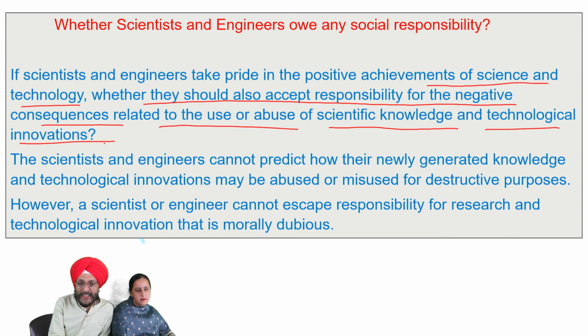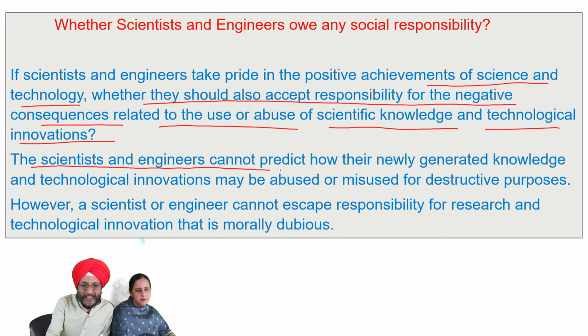It means when they are given credit for their innovations, whether they should also be criticized or they should also owe some social responsibility if any of their scientific invention is abused.